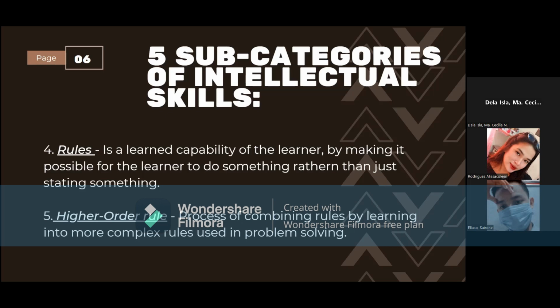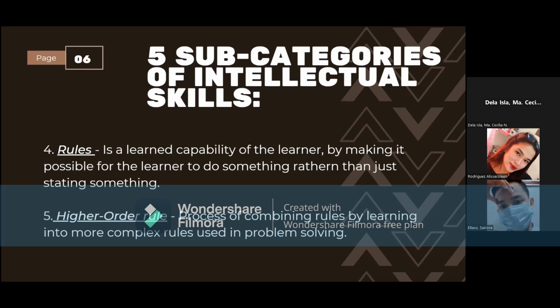Next is the higher order rule. It is a process of combining learned rules into more complex rules used in problem solving. It is a more abstract and generalized rule or principle that can be applied across multiple situations or contexts. It often requires higher level thinking skills, such as how we analyze, how we synthesize, and how we evaluate information or learning.